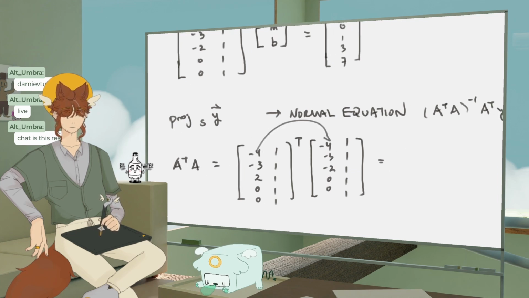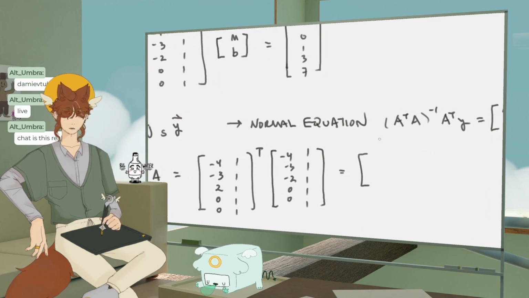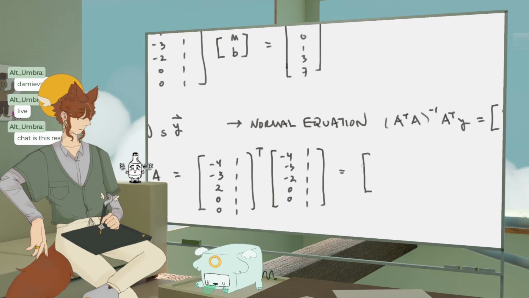So we do this one with this one, this one with this one, this one with this one, and this one with this one. Is it actually going to give us a symmetric matrix too? So it's like first, outer, inner, last, I don't remember how FOIL works. Okay, so it's going to be 16. Alright, 16 plus 9 minus 4. 16 plus 9 is 25, minus 4 is 21.